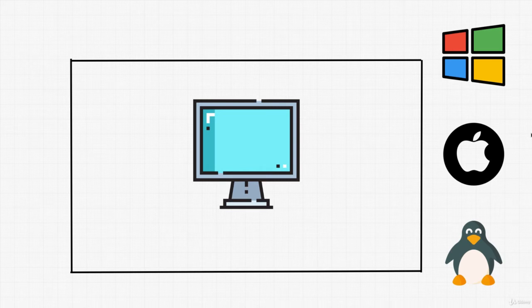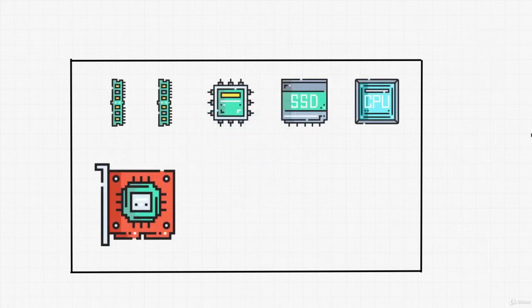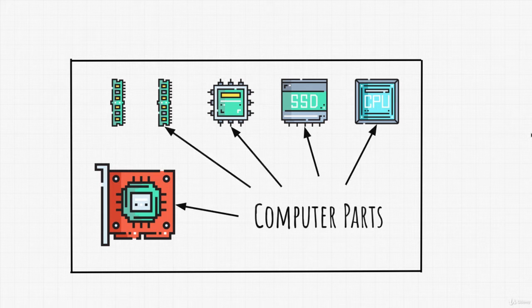But the operating system is not the only thing that is defining our machine. Our machine also has its computer parts. We have hard disk, processor, RAM memory, motherboard, and many more computer parts that, with the operating system, make our machine work. These computer parts are also known as hardware.